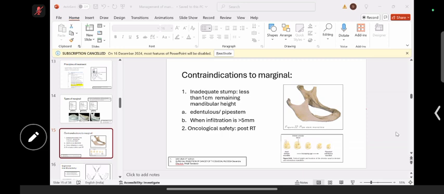So whenever ORN mandible is removed and reconstructed with a vascularized bony flap, the results were the same.